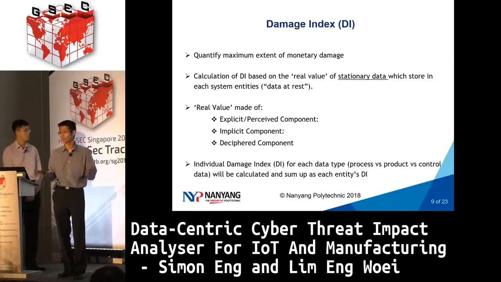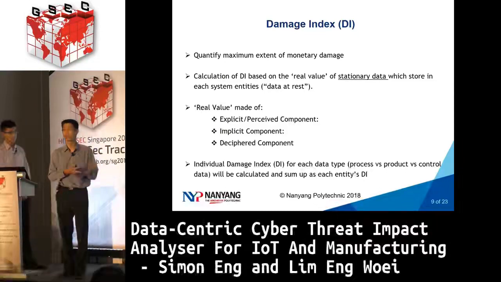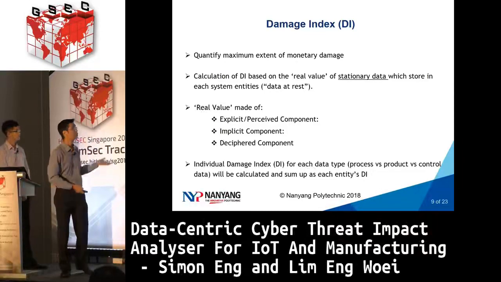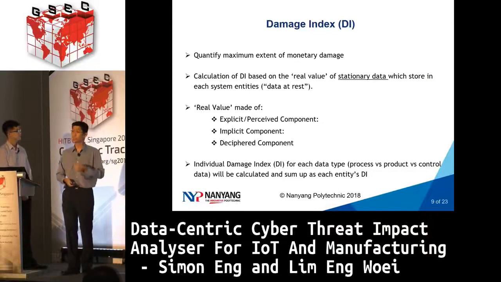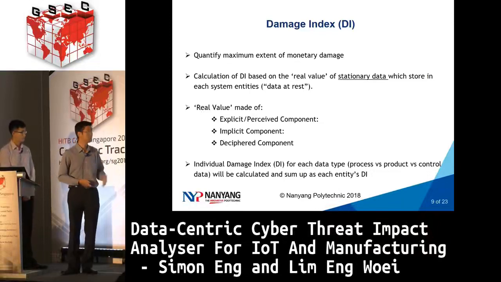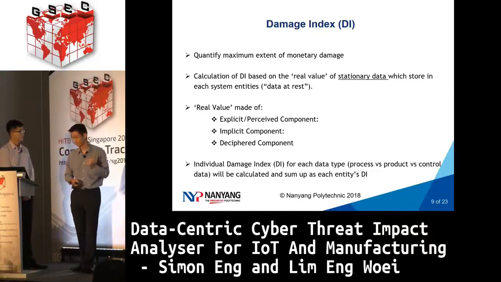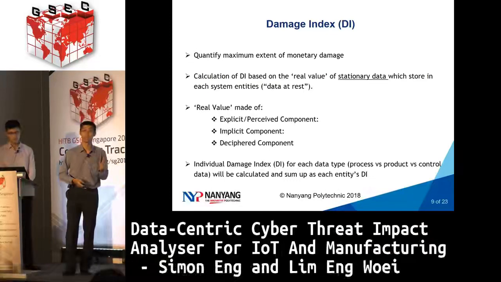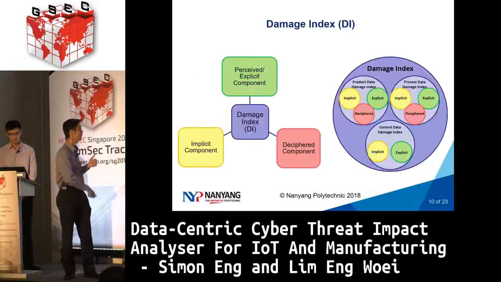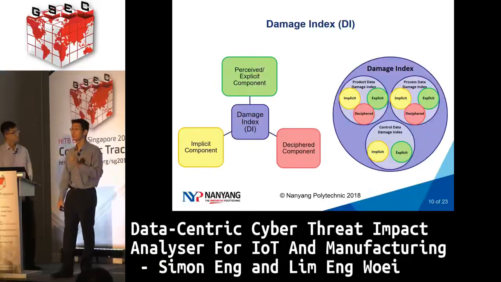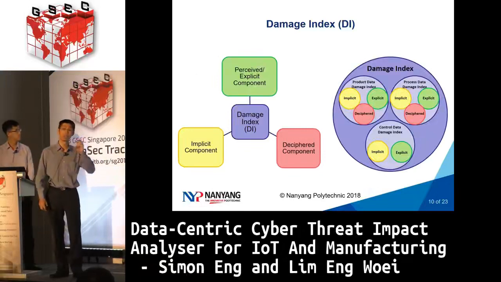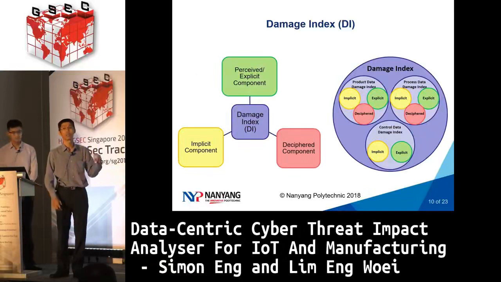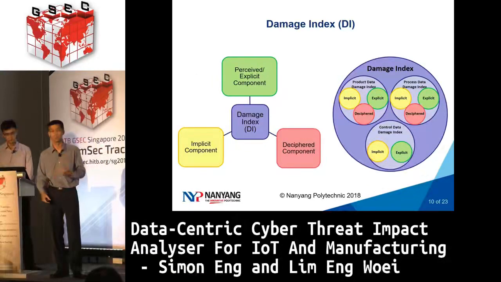So there are two dimensions here, the damage and the vulnerability. For the damage index, we're going to break it down into three main components: explicit, implicit, and the decipher. So for each entity, there are three components as we shared: the decipher, explicit, and implicit.